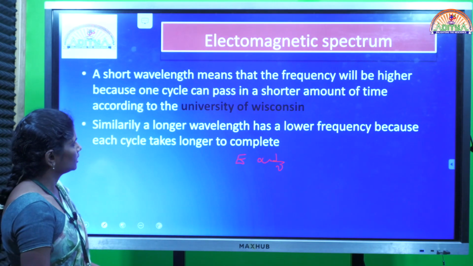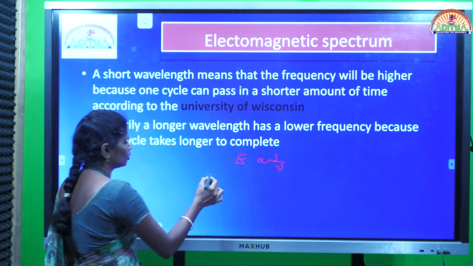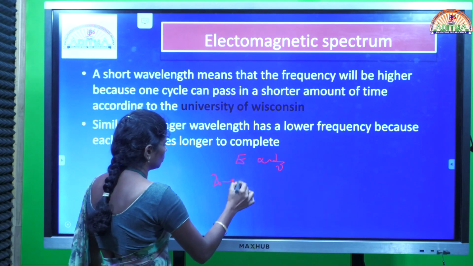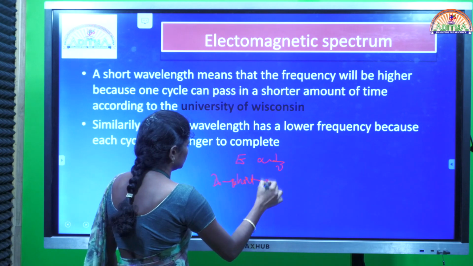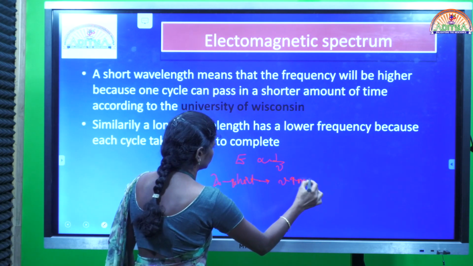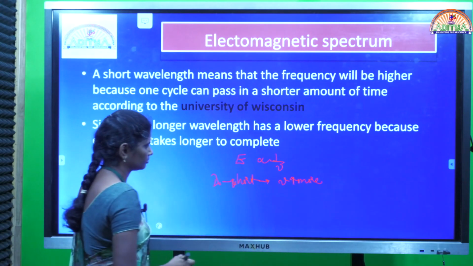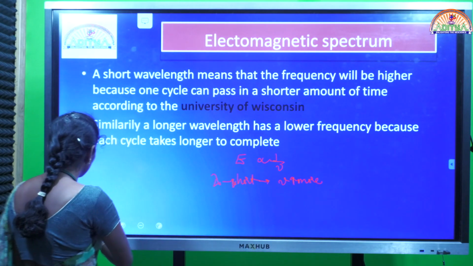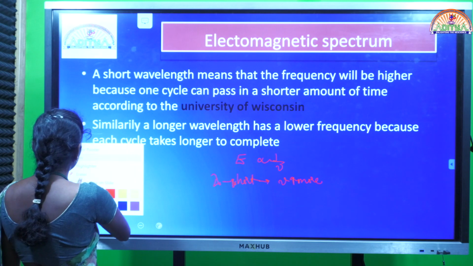And similarly you can see here, when we say the wavelength is short, then we say that the frequency is more, which will give you that the energy will be more.